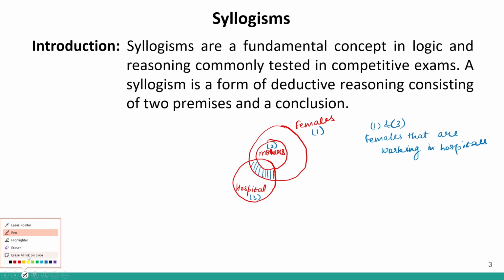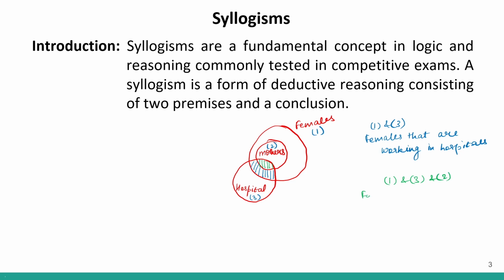Now let us look at this one. This particular one is an overlapping of 1, 3 and 2.